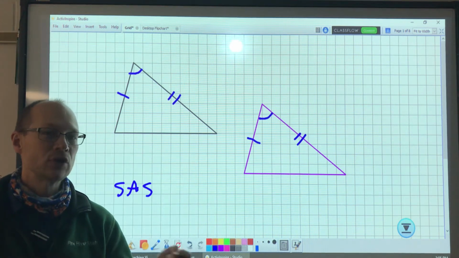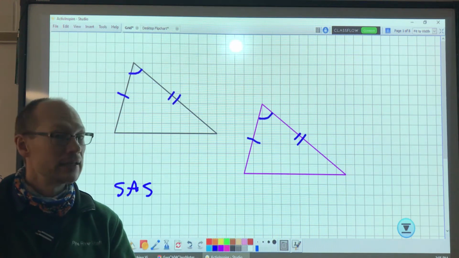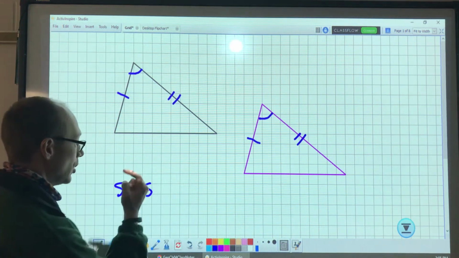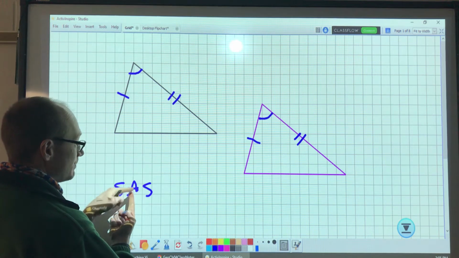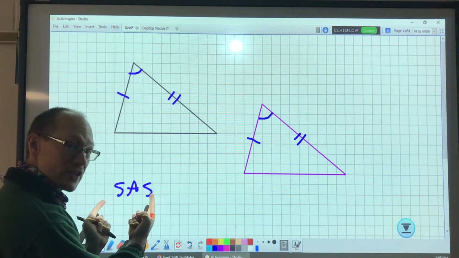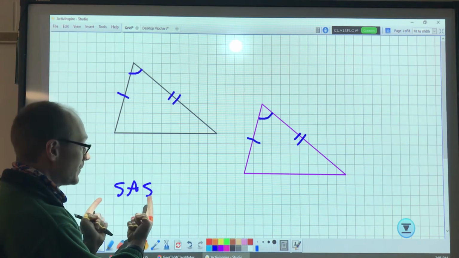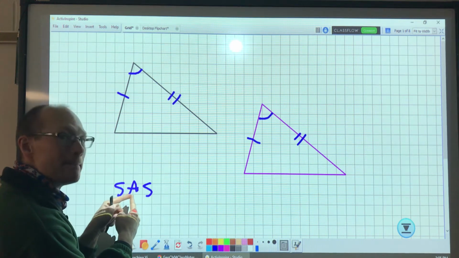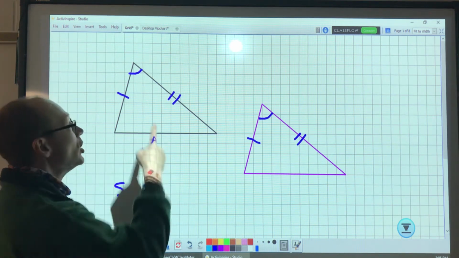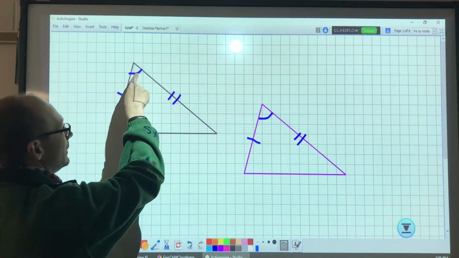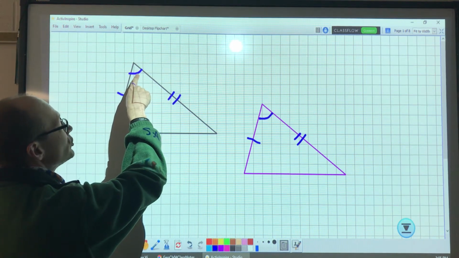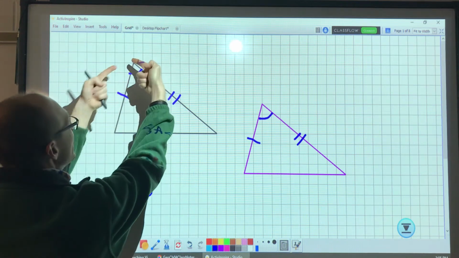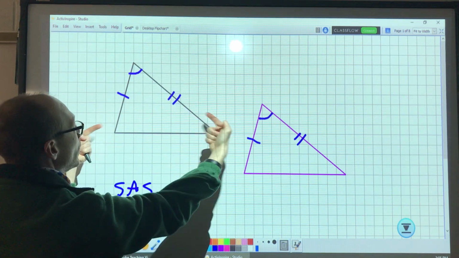Now let me make sure that we know this angle is between the two sides, right? Which means the angle is created by the two sides. Where is this angle right here? Here. What are the two sides that create this angle? The two that we know.